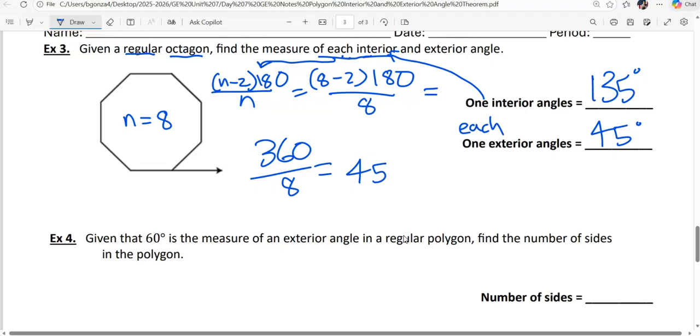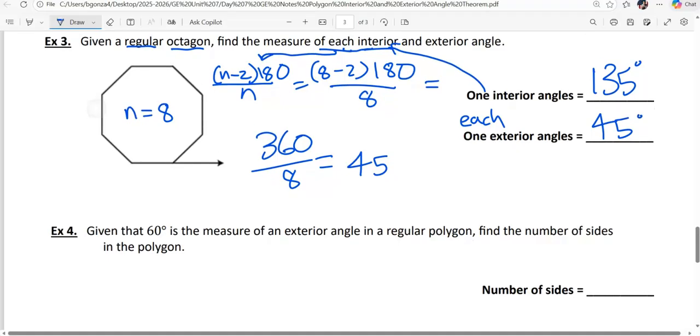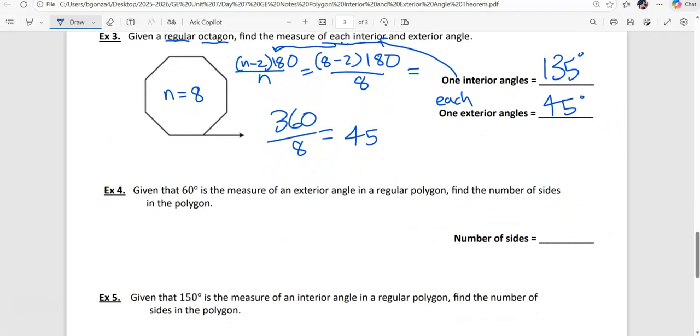Okay. So, given that 60 degrees is the measure of an exterior angle, okay? Now, these are going to be a little bit more spicy, so let me show you how to do it. Actually, yeah, why not? If this is the exterior angle, 60 degrees is the exterior angle of a regular polygon. Exterior is 360 over n, okay? 360 divided by what gives you 60?